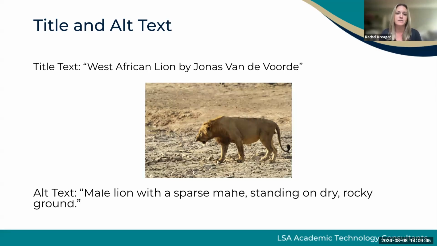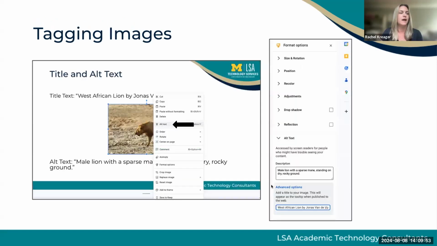Both title and alt text can be added to documents and slides pretty easily. So let me show you what that looks like. Here, these screenshots are showing how to tag images in Google Slides. You can see here that I am right-clicking on the image of the lion, and alt text is going to show up as one of my options.